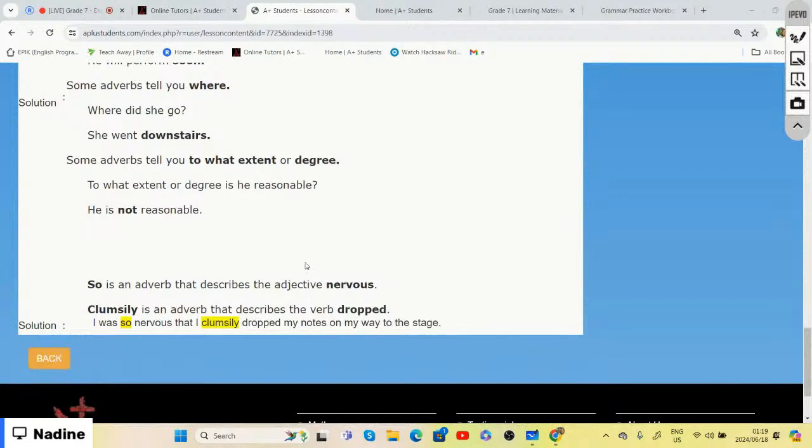And if we were to identify the two adverbs in that sentence, then the first one would be so, which is an adverb that describes an adjective, which is nervous. And then clumsily, it describes the verb, which is dropped.